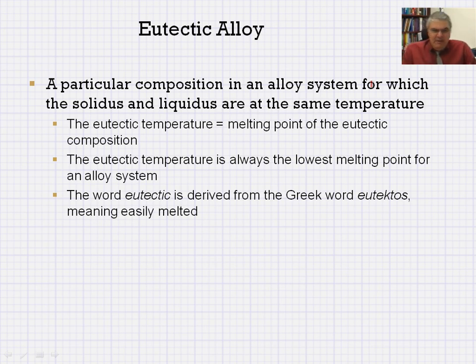Eutectus, of course, is an older term. A eutectic alloy is a particular composition in which we can have solid and liquid at the same temperature. It's a special composition.